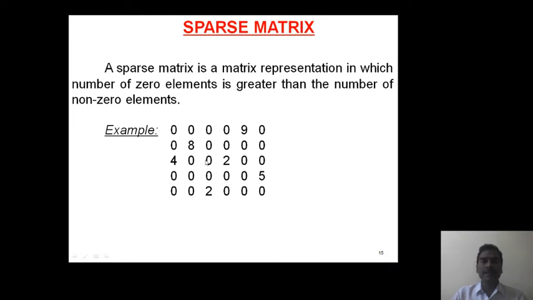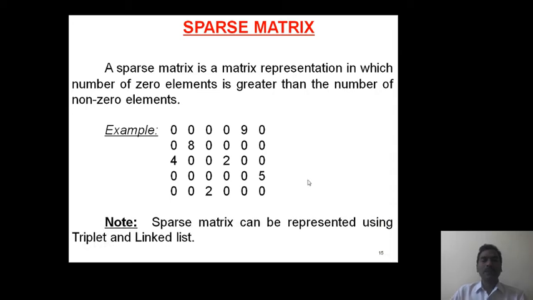This matrix consists of 5 rows and 6 columns, so 5 into 6 is 30 elements, in which the number of non-zero elements is 6 and the number of zero elements is 24. So the number of zero elements is greater than the number of non-zero elements, hence it is an example of a sparse matrix.